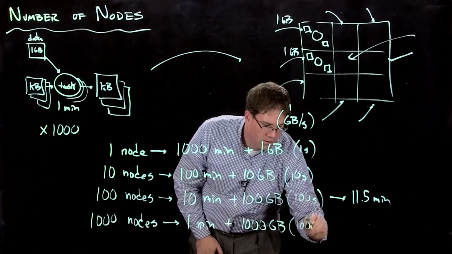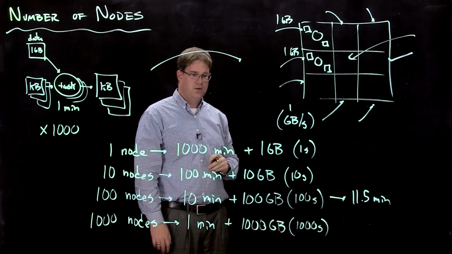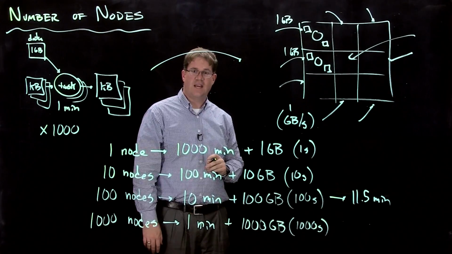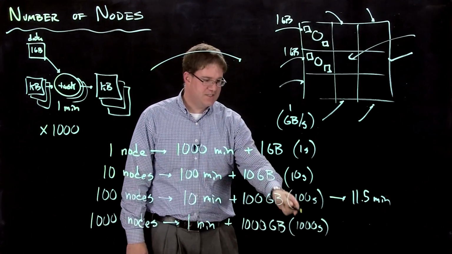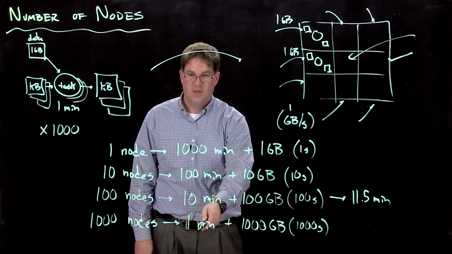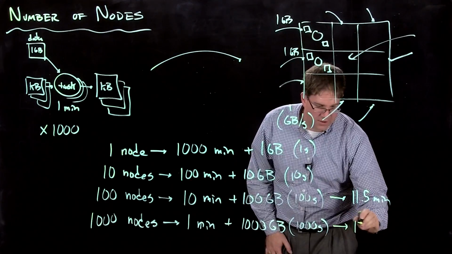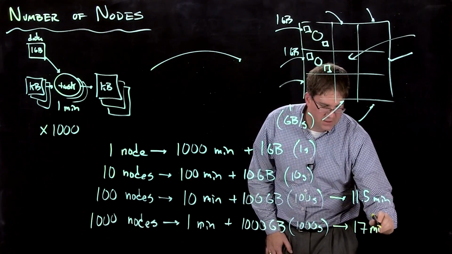And that's going to take 1,000 seconds. Well, gosh, what is 1,000 seconds? That's going to take 16 minutes just to transfer all the data to the nodes so that we can have 1 minute of execution time. So if we add those two together, it's actually going to take 17 minutes to execute.